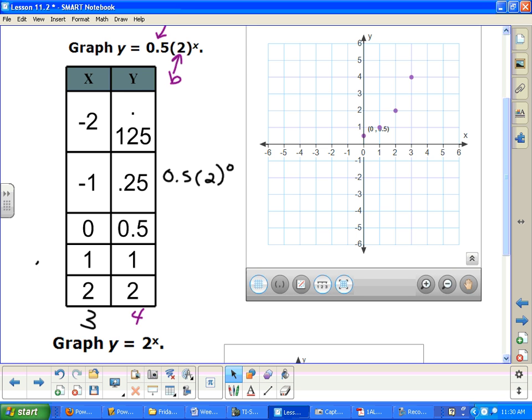Okay? Now, here's the thing to make sure of: one of the things I told you was that if you had the point 0, 0, it wouldn't work, right? Okay? If y is ever 0, it doesn't work.